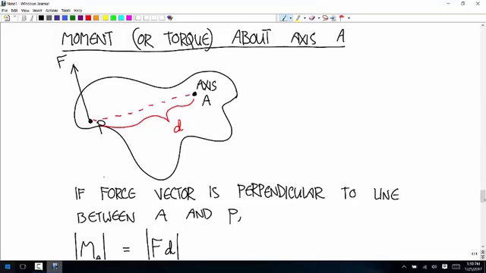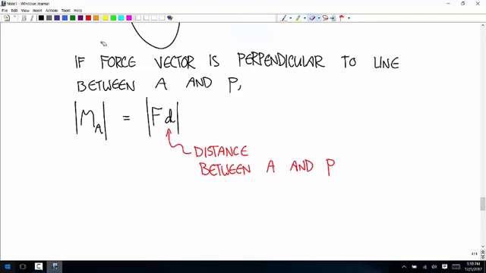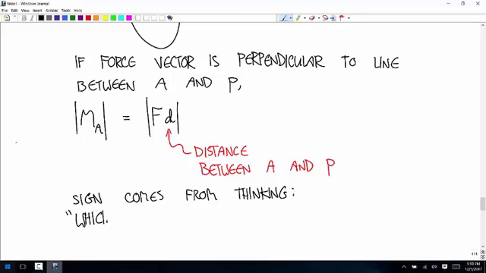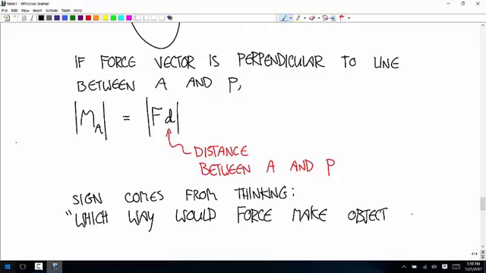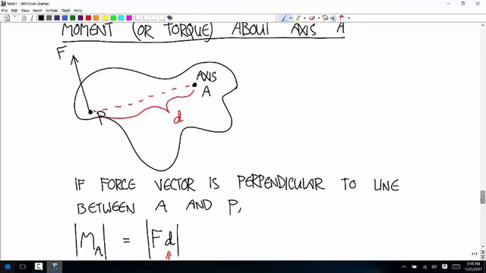And then the sign comes from thinking which way the force would make the object rotate. So let's go up to this example.